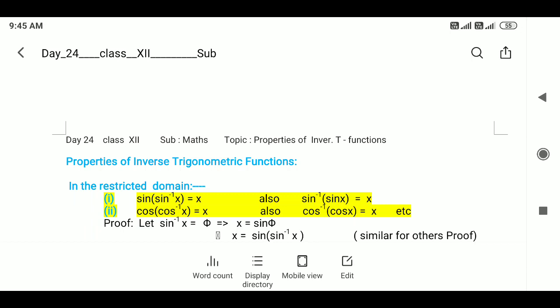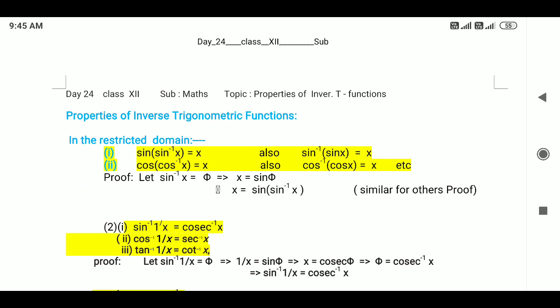Also, cos inverse (cos x) is equal to x. And similarly, tan(tan inverse x) is x, and tan inverse (tan x) is equal to x, etc. The same property will hold in all trigonometric functions.